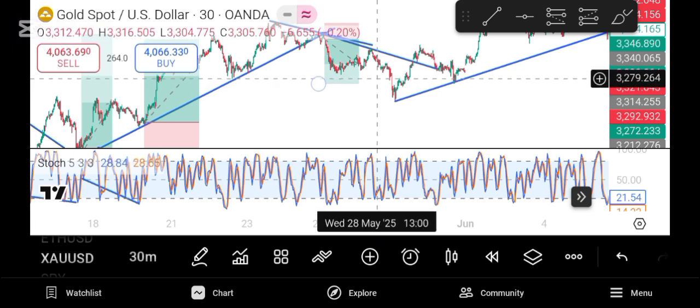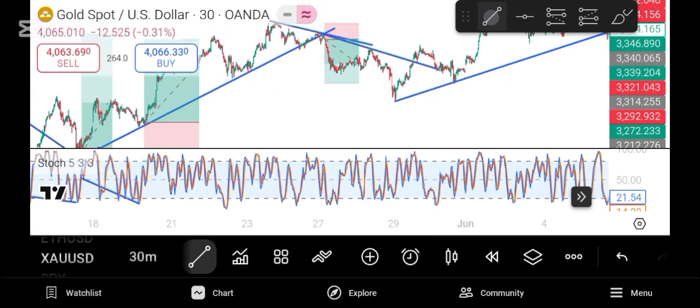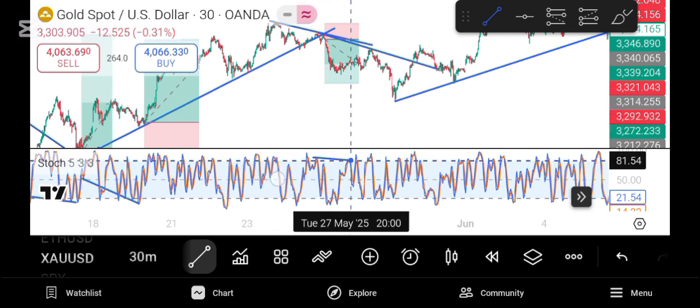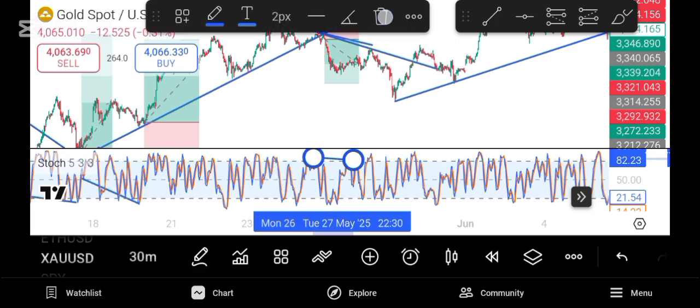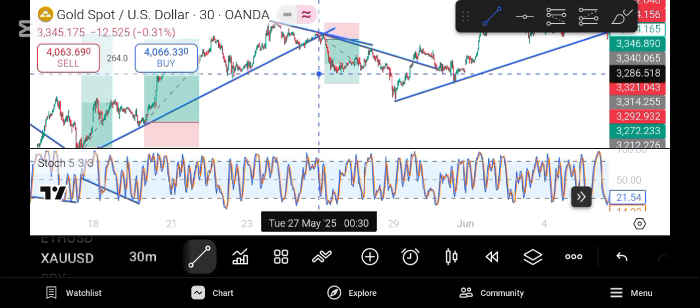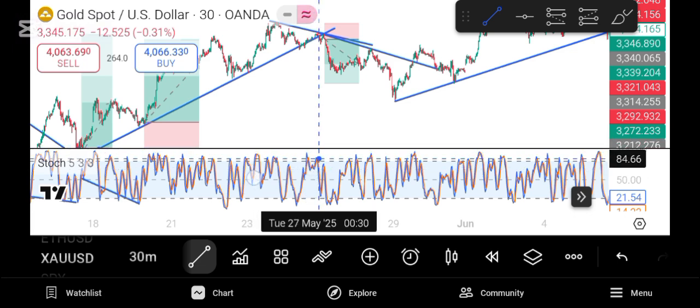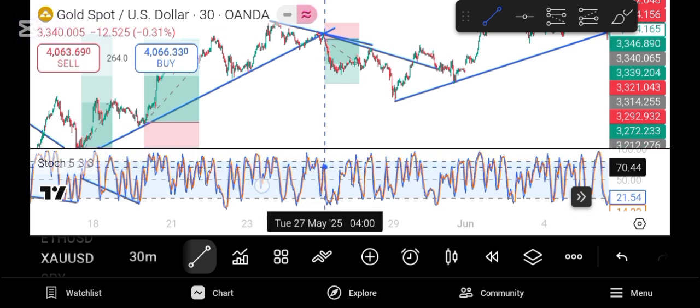Catch some pips. Guys, this is so interesting. You see your divergence around here. Sorry guys, the divergence should be around here. Let me show you. Around here, from this point to this point.